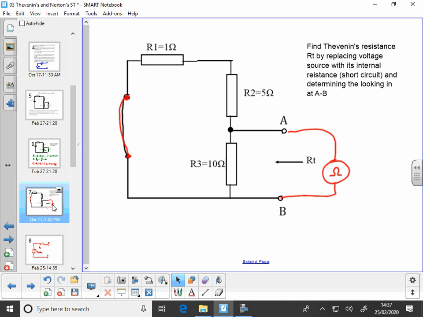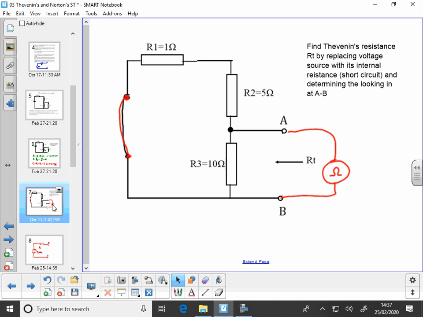What's in parallel with what? Get the meter out of it for a minute, that's confusing the issue. What type of circuit have we got there? Series parallel ones. You've got a combination, haven't you? These 2 are in series. That pair are in parallel.